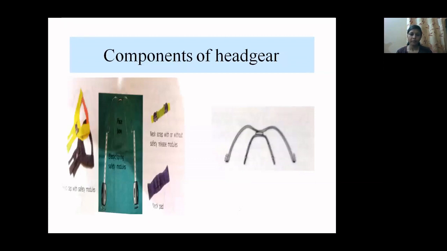The components of headgear: this is a headgear assembly with safety modules. Here is the face bow assembly, through which the forces are delivered to the maxillary dentition. Here is the elastic strap, and this is the neck pad. So this is the whole assembly of a headgear.